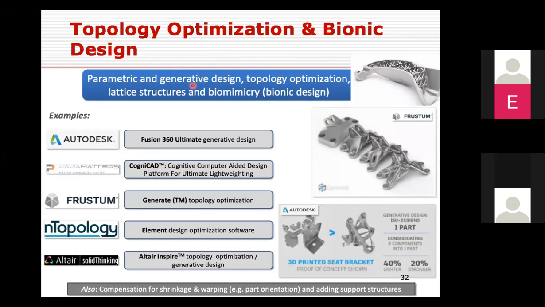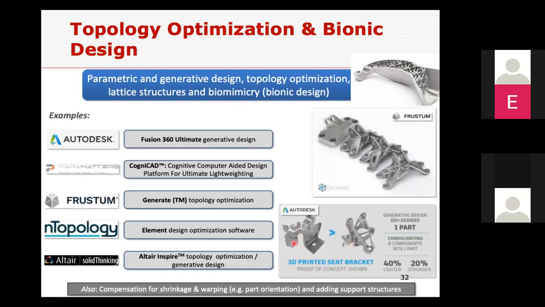You can have a generative design concept, or you can have topology optimization, where you can lightweight the structures, and even that could be done through lattice-based structures, or through bionic designs or biomimicry.